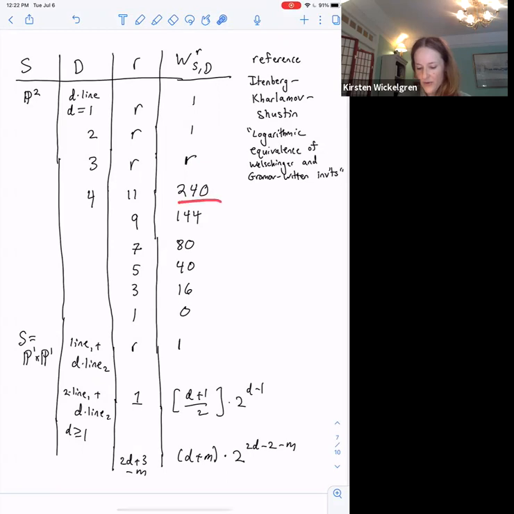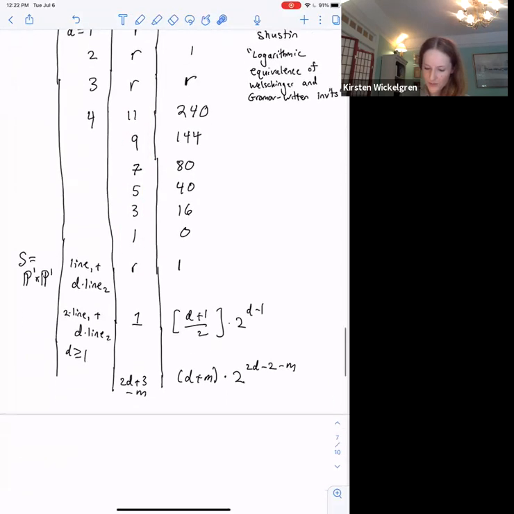Here's the degree 4. We've got 240, 144, 80, 40, 16, and 0 as we make the number of real points go down and the number of complex conjugate pairs go up.